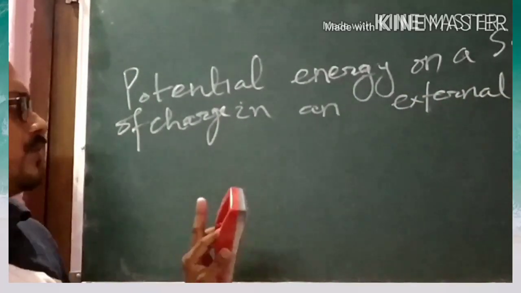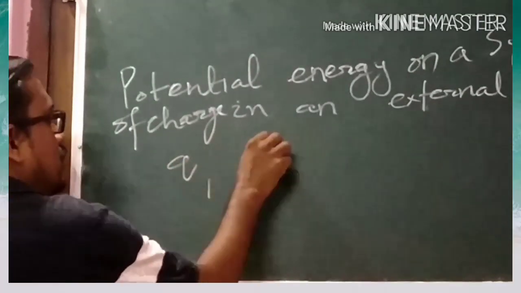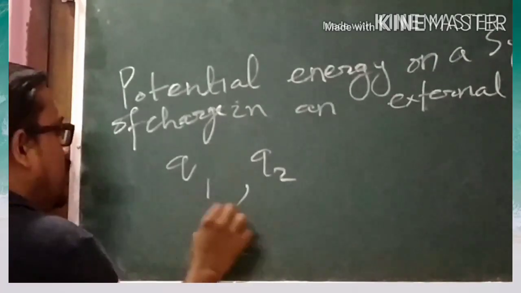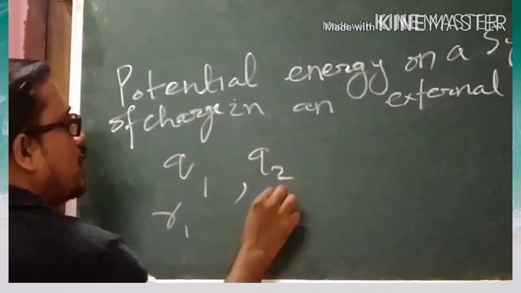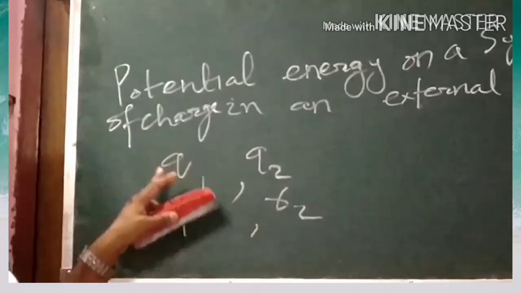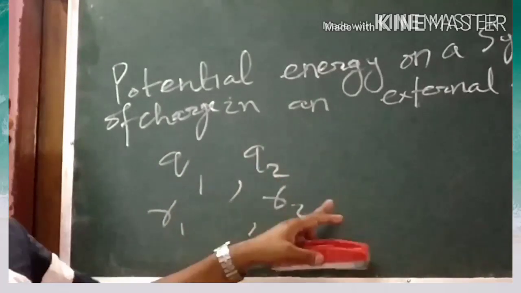Let us consider two charges Q1 and Q2 located at position vectors R1 and R2. Let us take the charge Q1 from infinity to R1 and also Q2 from infinity to R2.